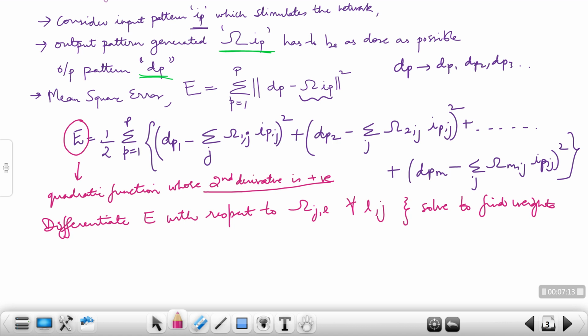So in order to find the minimum, what we are going to do is that we are going to differentiate the error with respect to the weight omega j comma L, and we shall be solving this in order to find the weights. So when I differentiate, I will get dou E upon dou omega j comma L, and this whole thing which is in the brackets, if we are differentiating for one particular neuron, that is the jth neuron, we are going to do it.